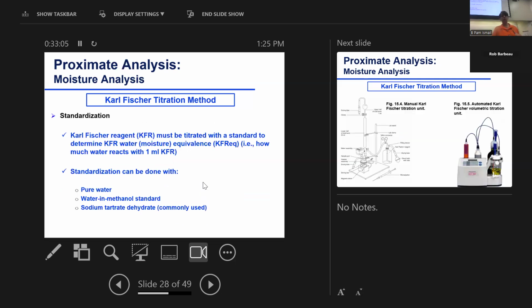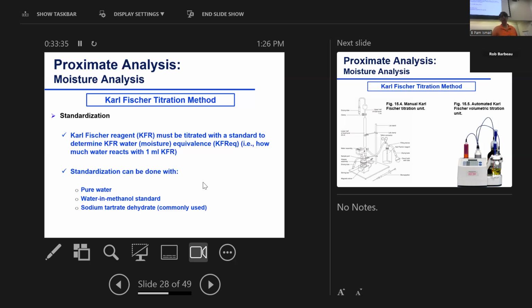And we do have to calculate the Karl Fischer reagent KFR value, which is basically determining how much water reacts with 1 milliliter of KFR. And you use that to calculate the amount of water. So you do standardization.